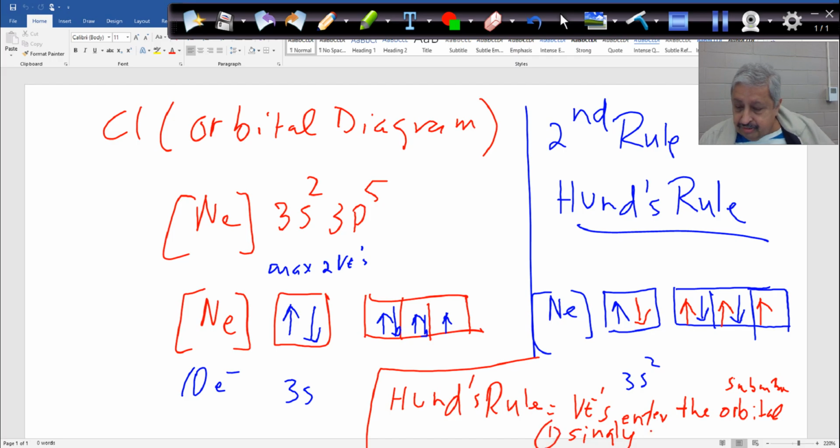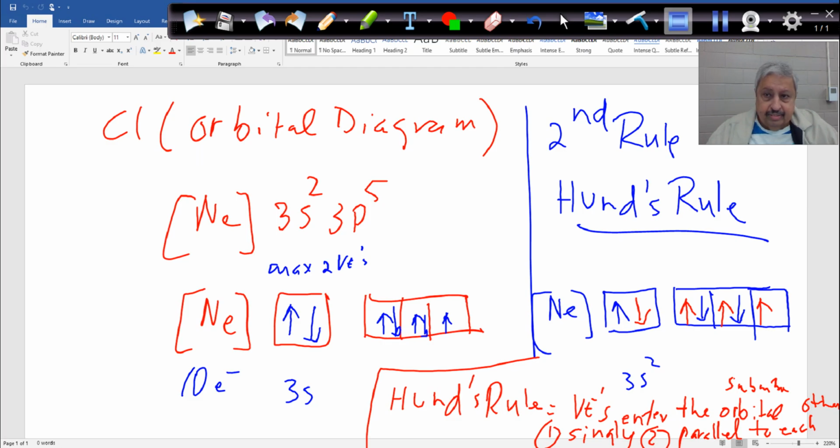Number one. Number two, parallel to each other. Okay, guys. So that's how we can visualize where that structure is coming from, controlled by this fact. You cannot write more than two dots in one orbital.